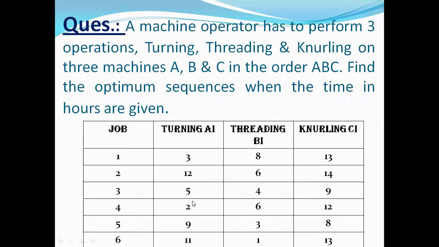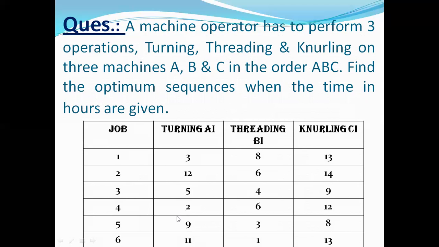So we'll verify the minimum condition. This is the fourth job in the given question, where 2 minutes of time is taken for the turning operation. There is no other minimum value than this fourth operation.